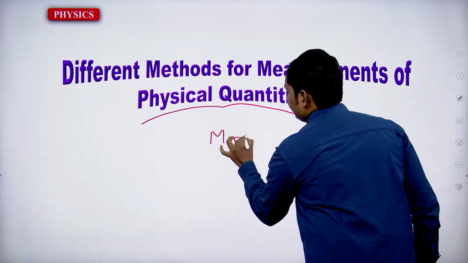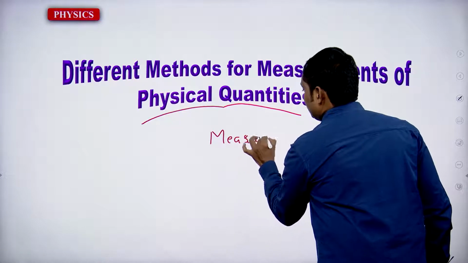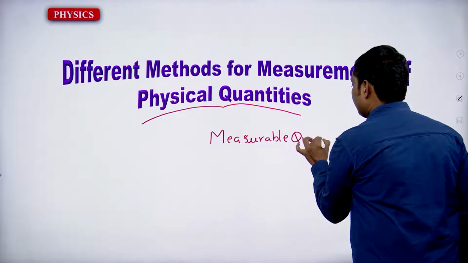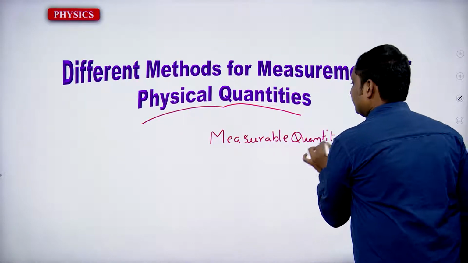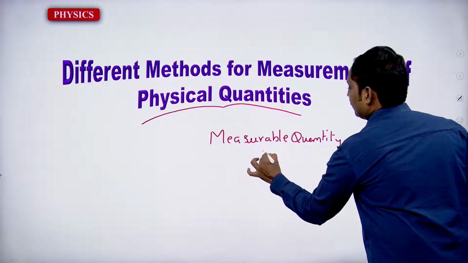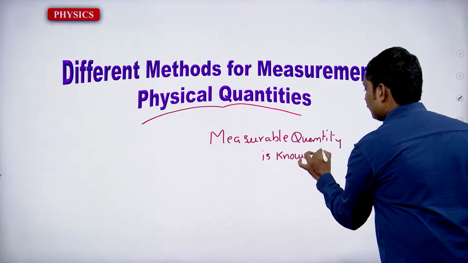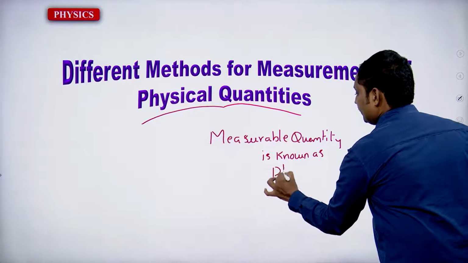A measurable quantity is known as a physical quantity. Physical quantity.